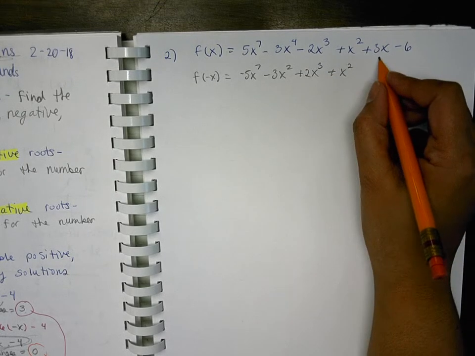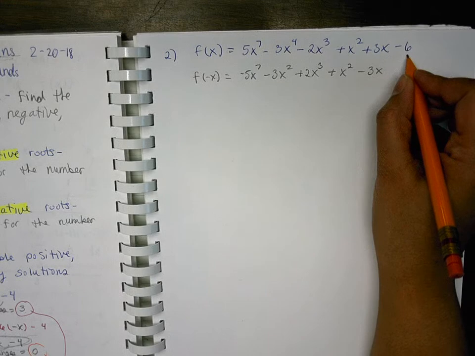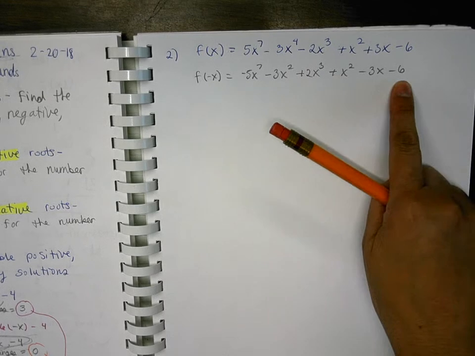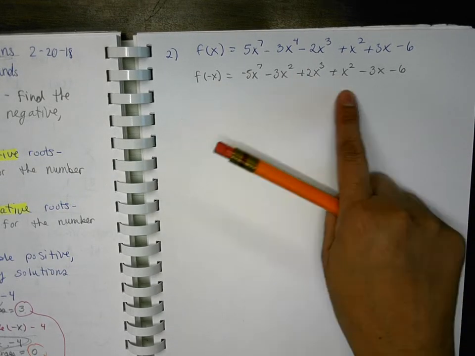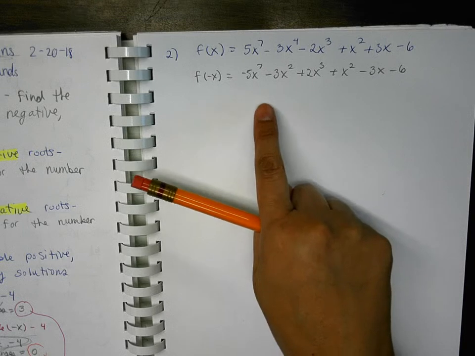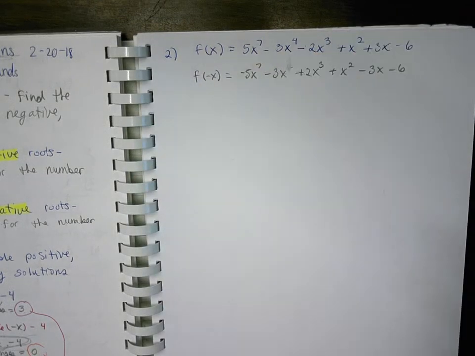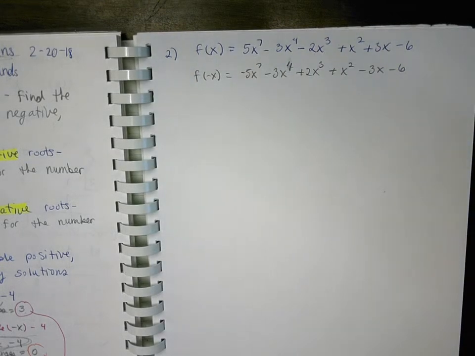Plus 2x cubed. Plus x squared or minus? Plus, that negative doesn't change that one. Plus 3x or minus? And minus 6 or plus 6? Minus 6. All right, do you guys see how we did that? Any questions on how we got this plugging in negative x?